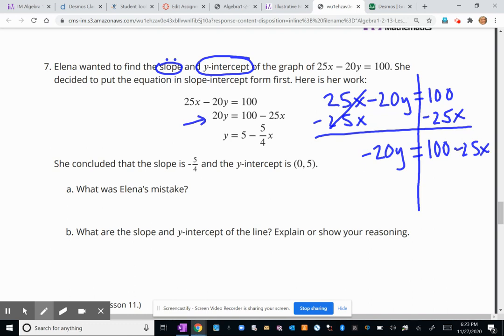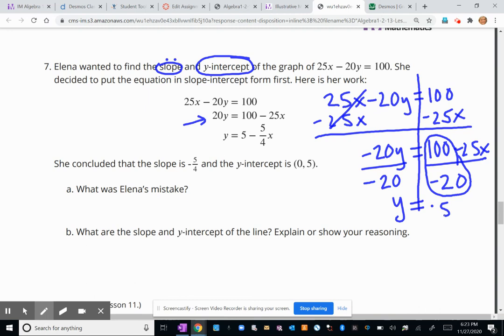And then when you divide, you're dividing by negative 20. Okay, so then y equals, and again, she did divide both terms by 20. She just forgot that it was negative. So 100 divided by negative 20 is equal to negative 5. And then it's minus 25x divided by negative 20.